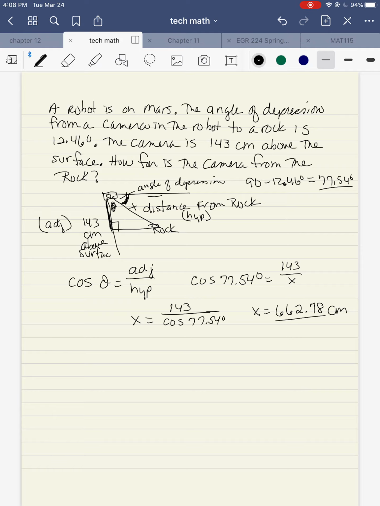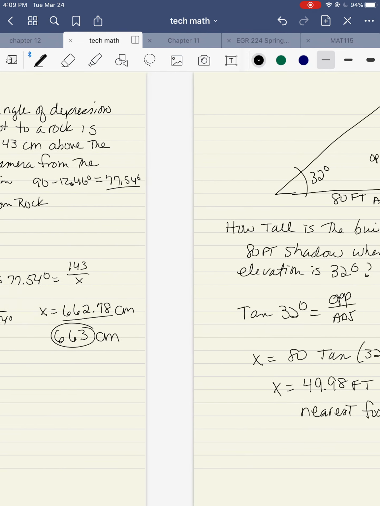This becomes a division problem between 143 and the cosine of 77.54. So when I do that division out, I get 662.78 centimeters. Depending upon how they want me to round it off, if they want me to round it off into whole numbers, I would type in 663 centimeters. So just check on the rounding on that problem.